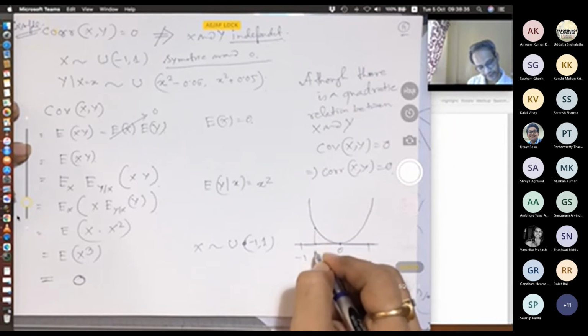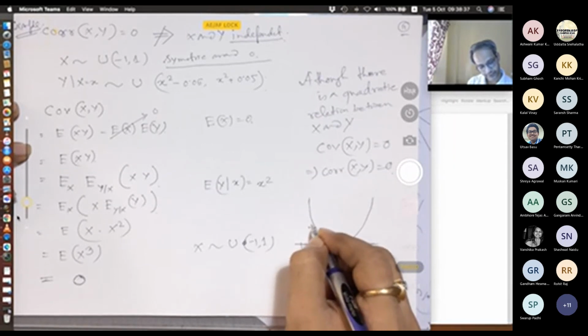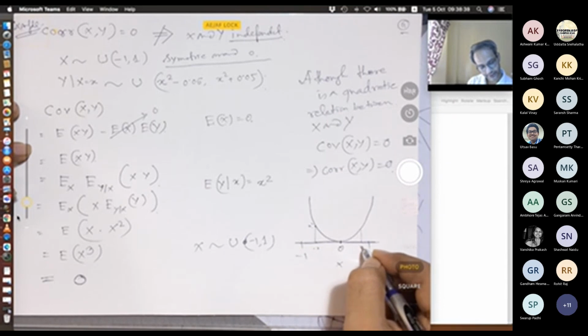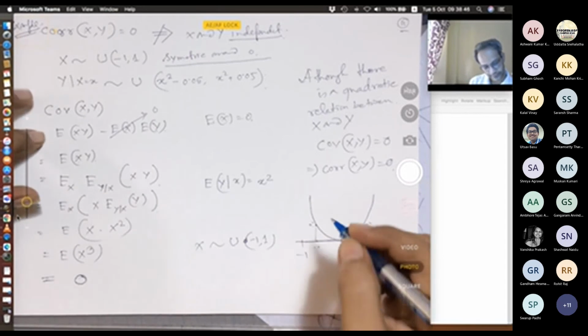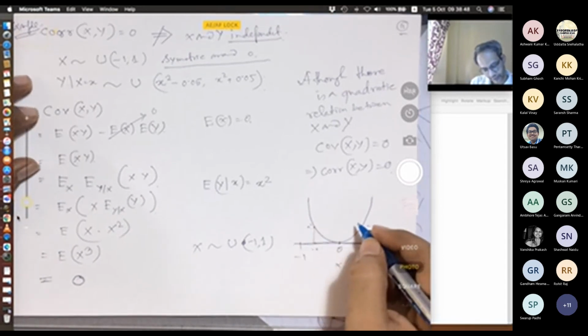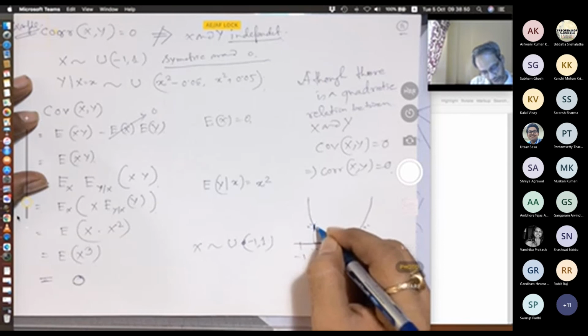So this is minus x, that is also x square, this is plus x, that is also x square, but around x square there is a region of -0.05 to +0.05, so it's a very small region.